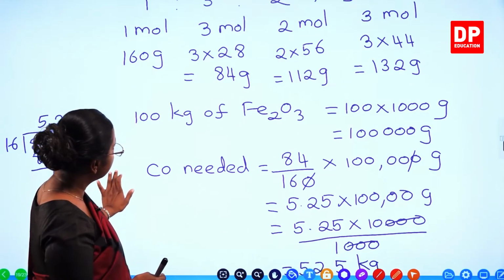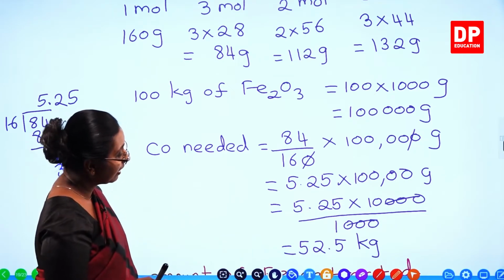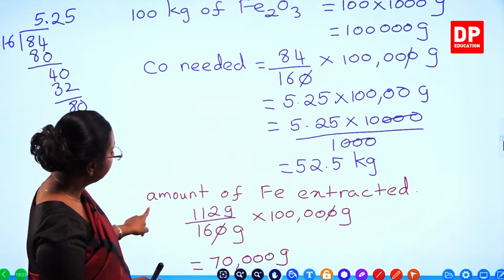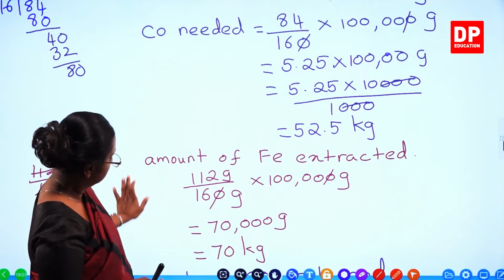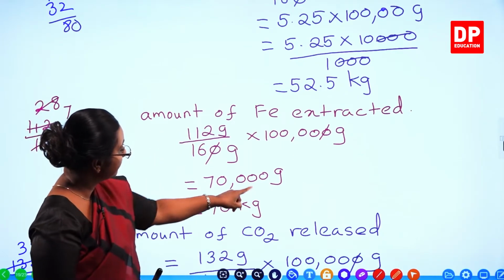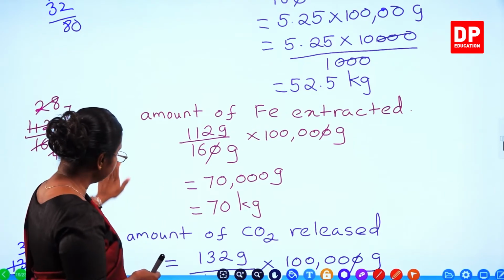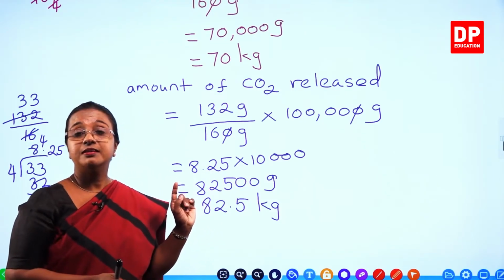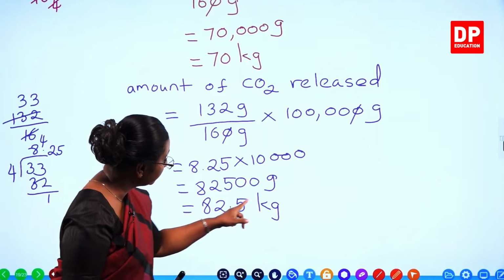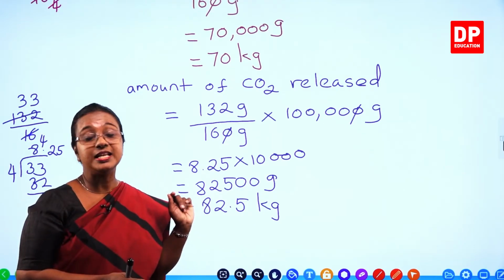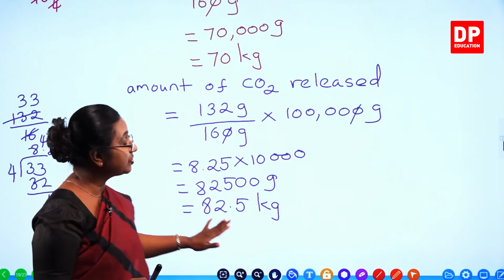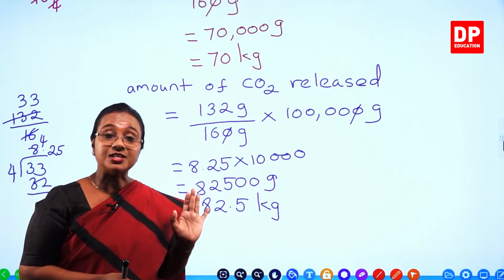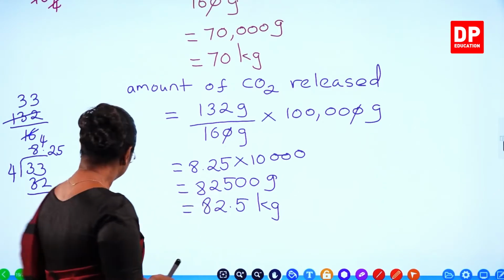So we will be needing 52.5 kilograms of carbon monoxide, or else we will get iron, that is 70,000 grams or 70 kilograms of iron, and also there will be 82,500 grams of carbon dioxide evolved, or 82.5 kilogram of carbon dioxide evolved. So I am sure, students, you all also did these calculations correctly and you would have got the same answer. So with that, students, I will move on to the next question.